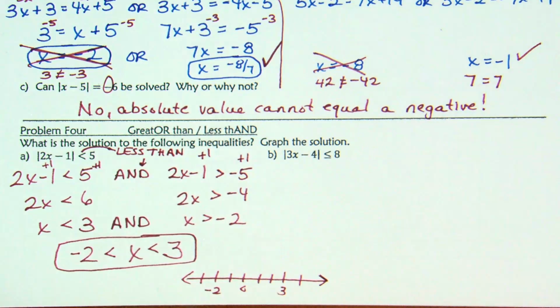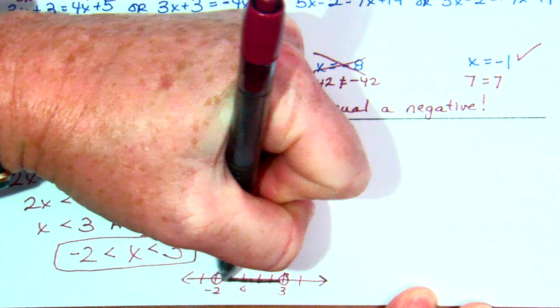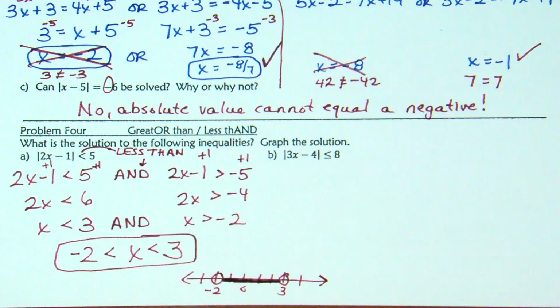Where's my shading? Out or in? In, because x less than 3 takes me left of 3. X greater than negative 2 takes me right. That means my shadings are going to overlap. We want to shade where they overlap in the middle there.